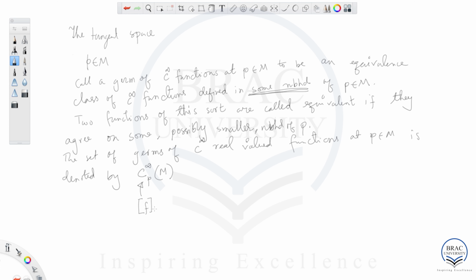Two functions belonging to this equivalence class are going to be equivalent to each other.